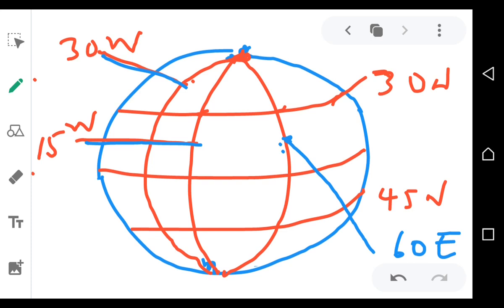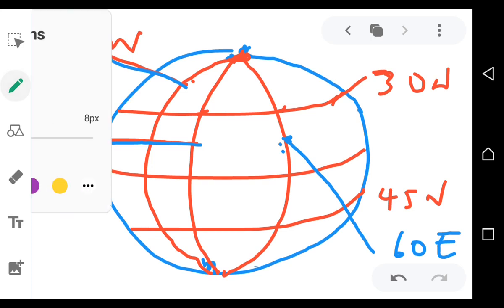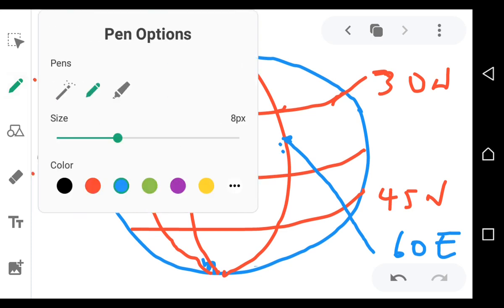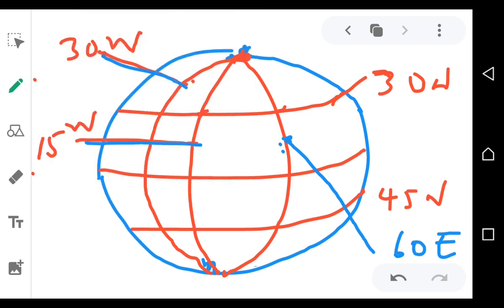Okay, and then we'll label the points. Let's say the first one is the point P. Here to be point Z. Of course, this one will be 0. This latitude will be 0 here.